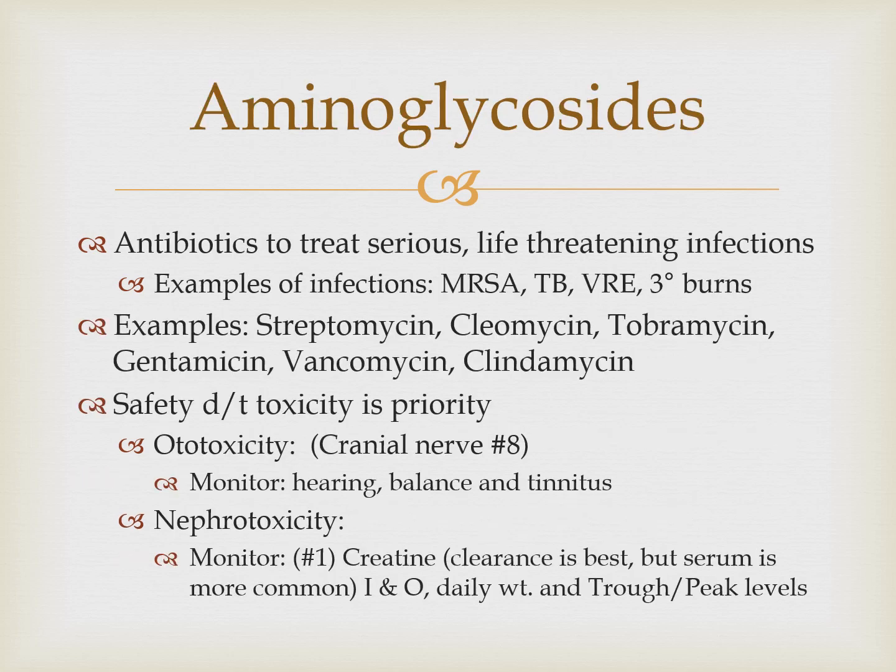So aminoglycosides. Remember that aminoglycosides treat the big bag of infections, right? It's mean and it's old. Aminoglycosides treat MRSA, TB, VRE, and a lot of third-degree burns. Examples of aminoglycosides are streptomycin, clindamycin, tobramycin.